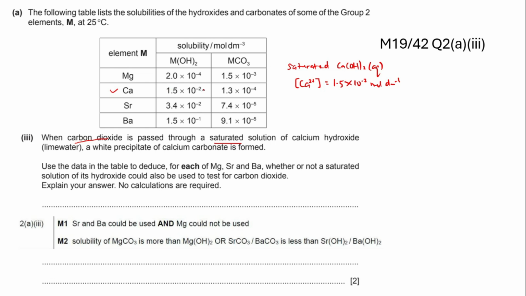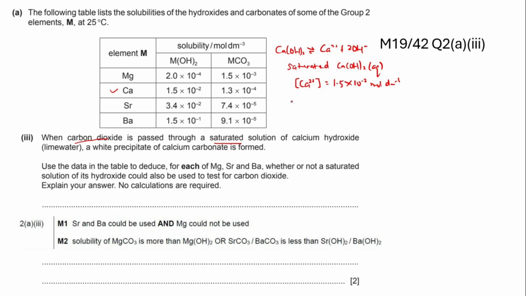So saturated solution means we now have the maximum number of mole of calcium hydroxide in the 1 decimeter cube of the solution. So 1 mole of calcium hydroxide dissolved in water will give us 1 mole of calcium 2+ ions and 2 moles of hydroxide ions. That's how I know the concentration of calcium 2+ ion is the same as the solubility.